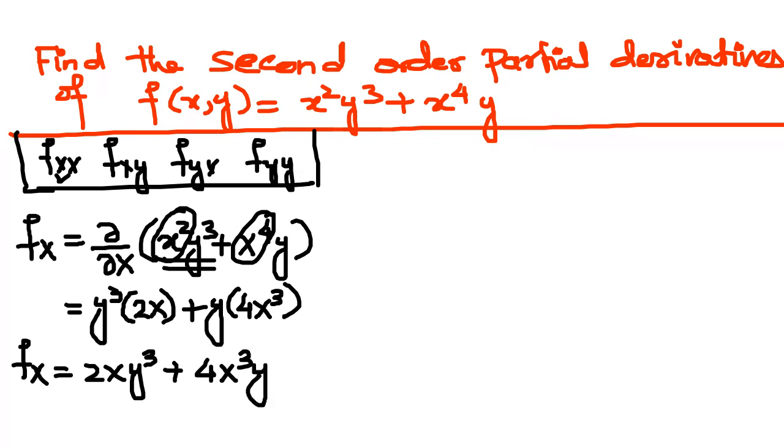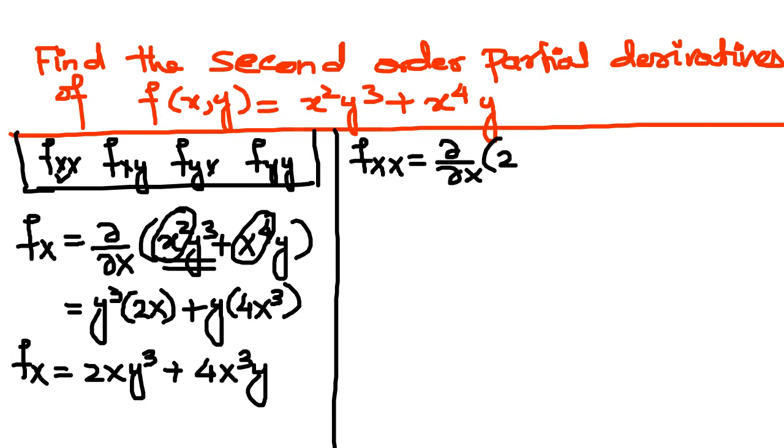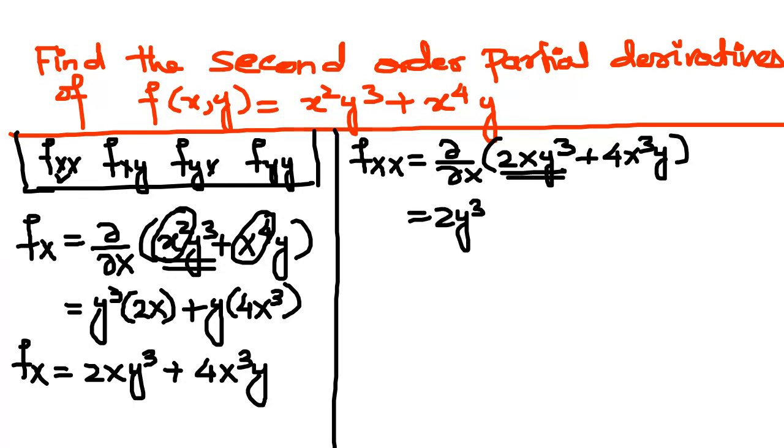Okay, no problem. Now again partial derivative. This is partial derivative with respect to x again. You have to find partial by partial x of this function 2xy power 3 plus 4x power 3y. So what is the partial derivative of this one with respect to x? 2, and y power 3 is a constant. What is the partial derivative of x?